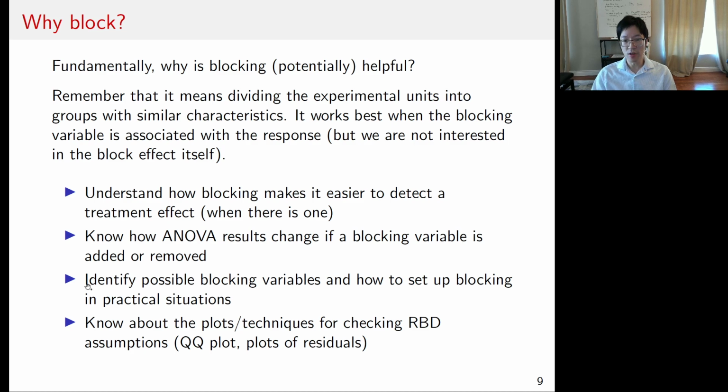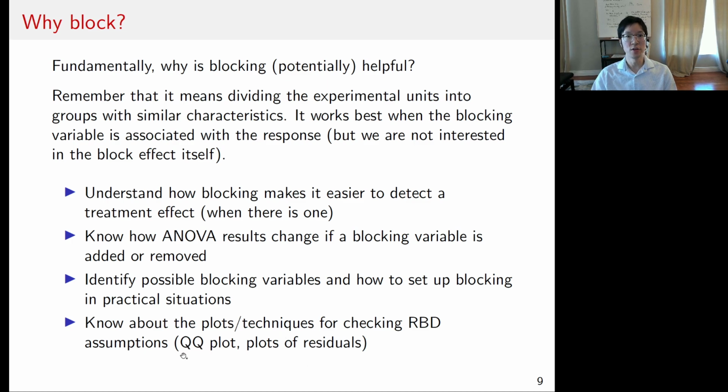Okay, so in practice, there are several practical scenarios that you should have looked at or will look at in your practice sets that ask you to identify possible blocking variables. So just think practically what might be useful as a blocking variable, and then how to set it up if you were to do an experiment in practice. Okay, and so finally, how do we check assumptions for RBD? We mentioned two techniques, which are both visual.